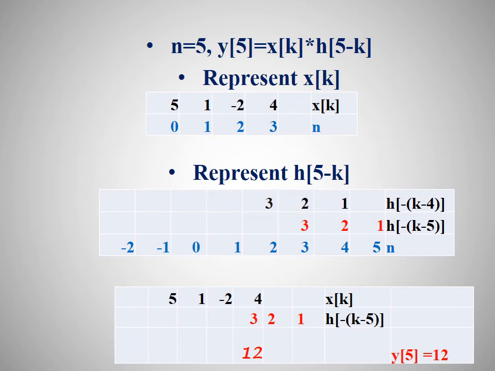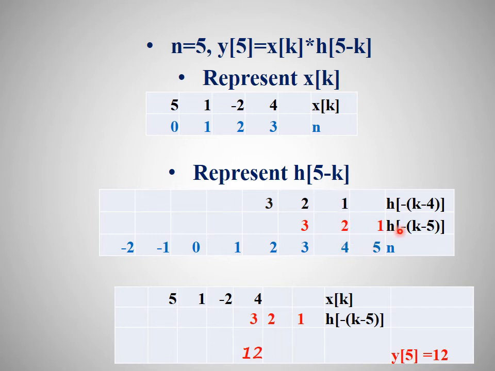Represent h of 5 minus k, which would be got from the previous case as h of minus k minus of k minus 4 would be given by h of minus of k minus 5. Hence, if we recall, h of minus of k minus 4 was at n equal to 2 it was 3, at n equal to 3 it was 2 and at n equal to 4 it was 1.